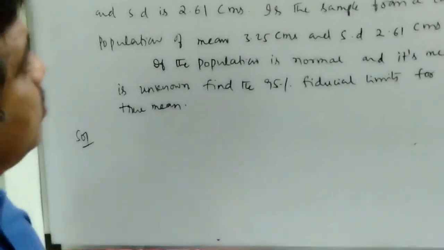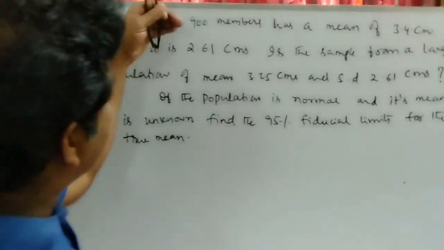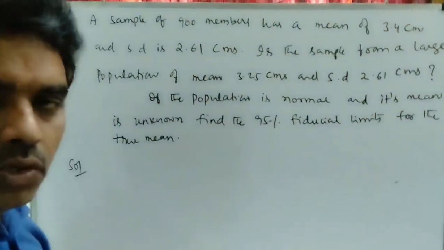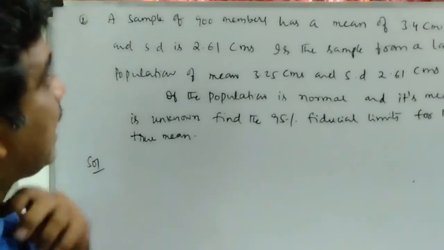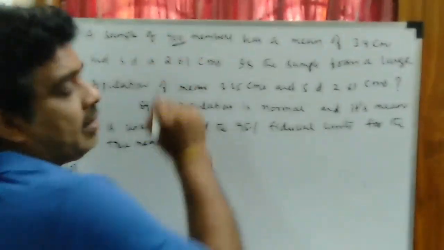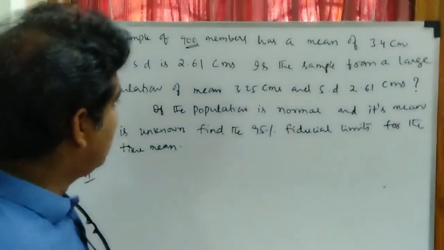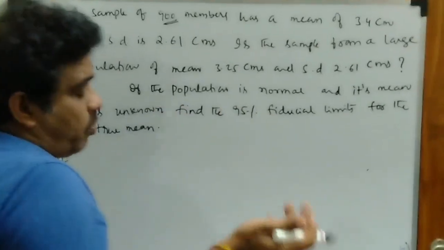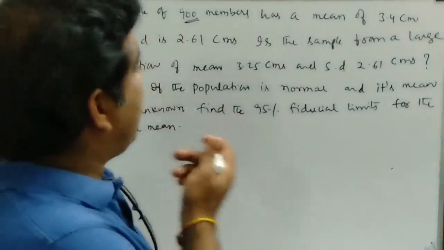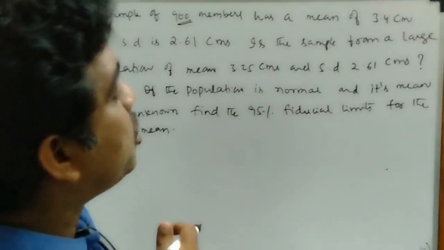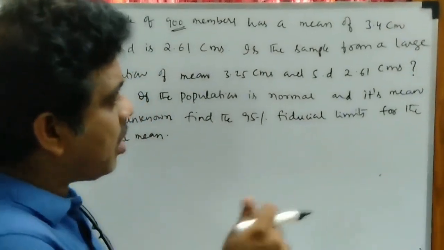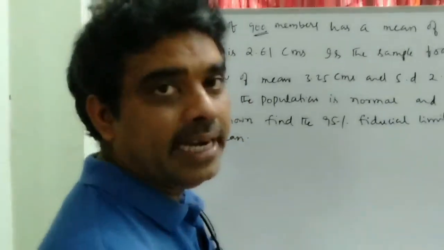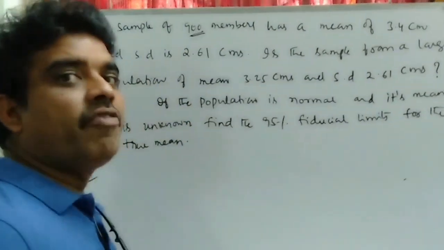We have to test the single mean for a large sample because n is greater than or equal to 30. Also, if the population is normal and its mean is unknown, then we have to find the 95% fiducial limits. Fiducial limits are nothing but confidence limits for the true mean.